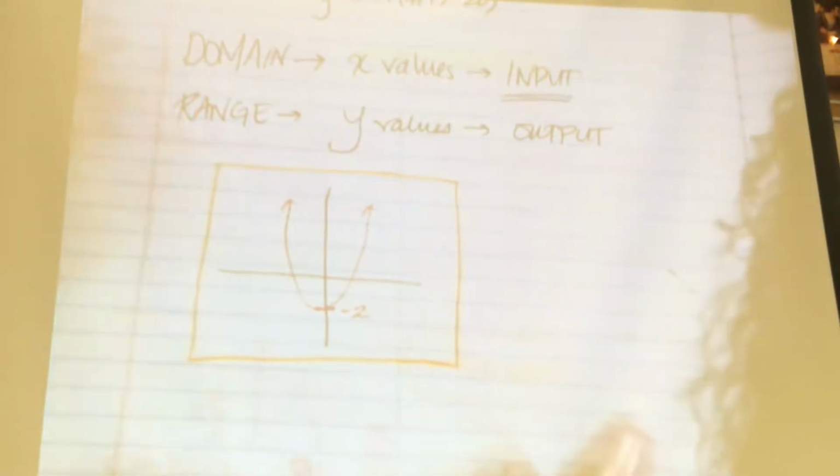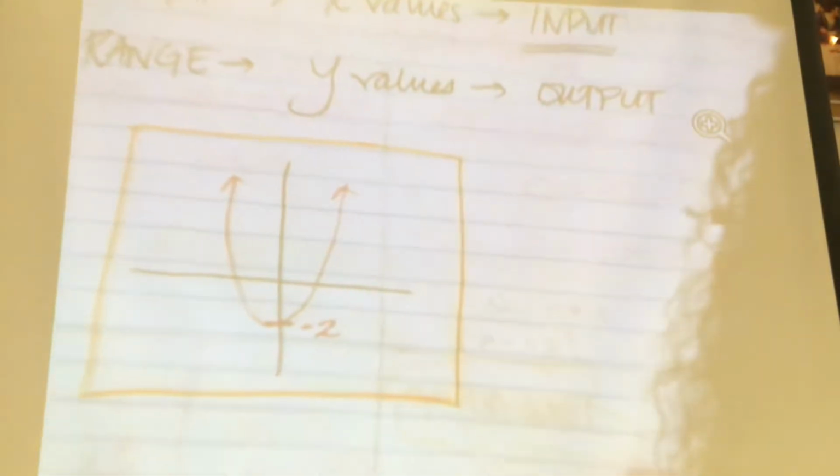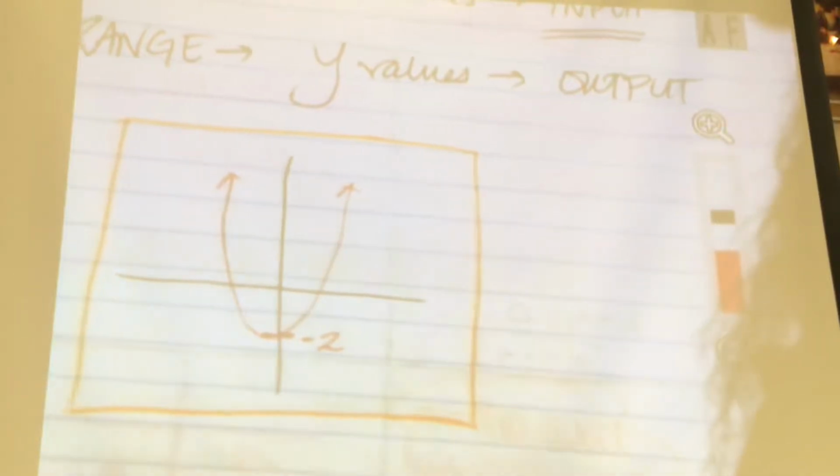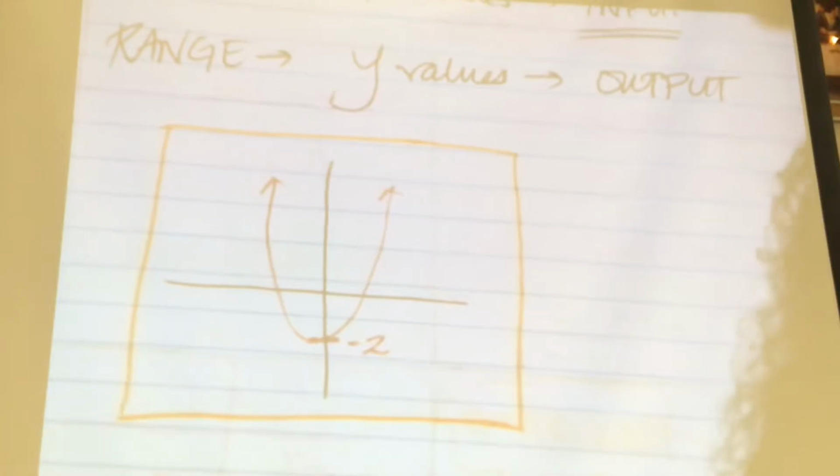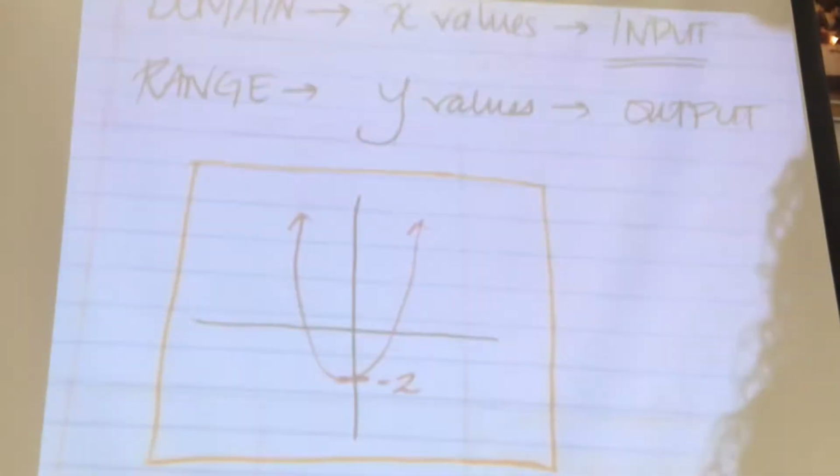So, all too familiar, a graph of a parabola. And if I asked you to describe to me the domain and the range, I'm going to give you a very simple way to remember.